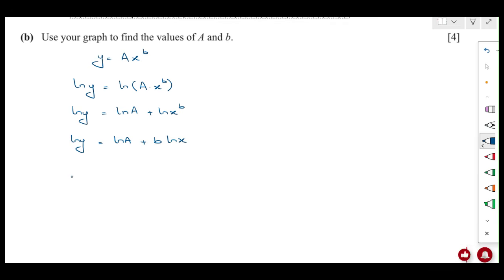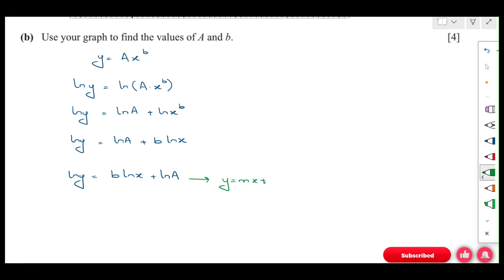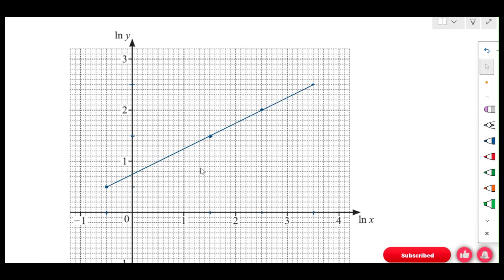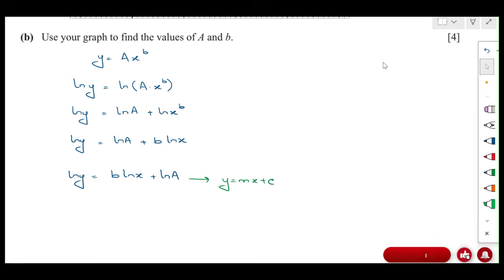Okay, so here we can say natural log of y equals b times natural log of x plus natural log of a. So you can compare this equation with the equation y equals mx plus c. It's a straight line equation, and this equation is also a straight line equation where b is your gradient or the slope and natural log of a is your y-intercept.